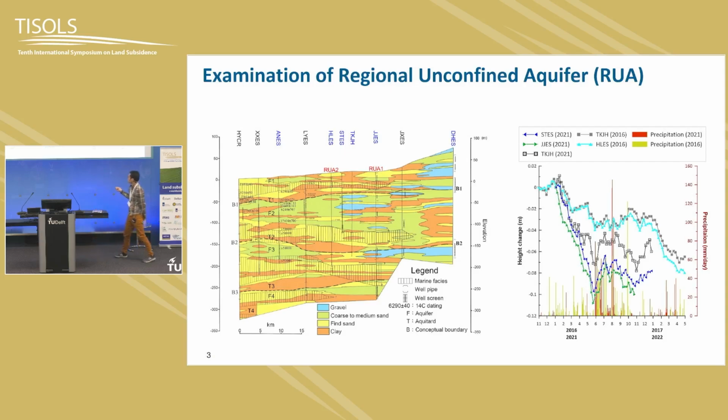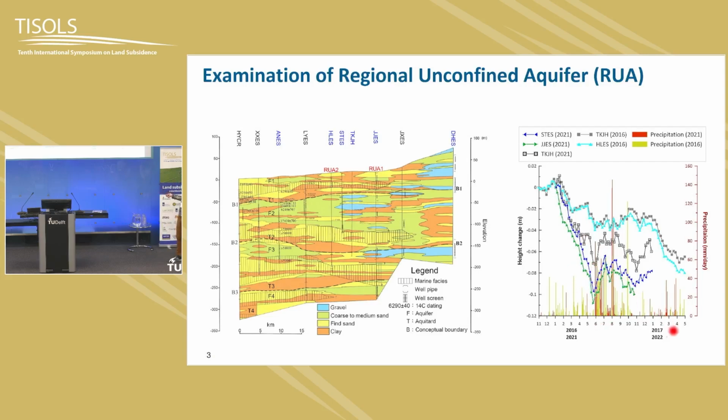And we see that in 2021. So usually in our subsidence region, from the dry season, this is the GPS data here for several sites in blue. So in 2021, if you look at the green and the blue ones, from May until May, the height change could reach about 10 centimeters.